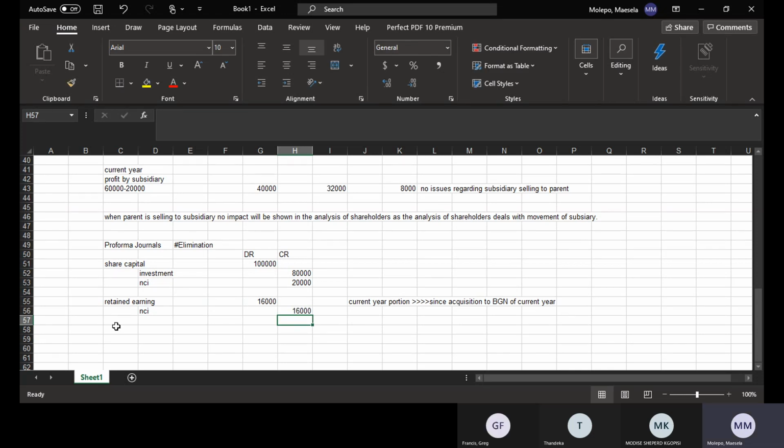And then from there we go further. We now do the NCI alone, which is the 8,000 from the current year part.